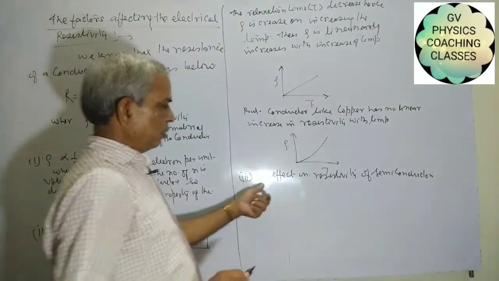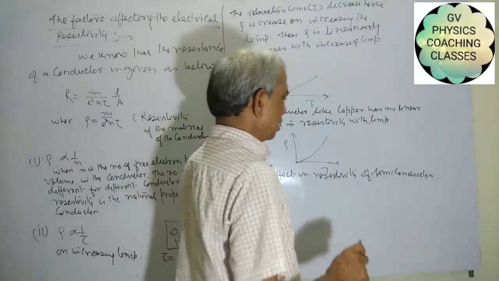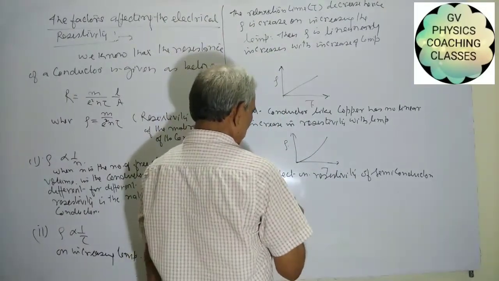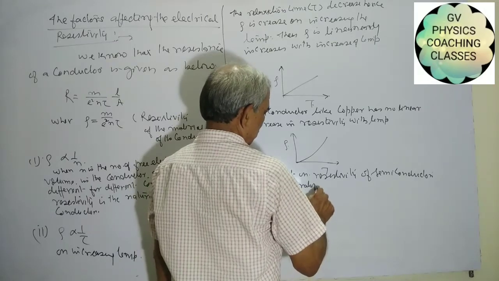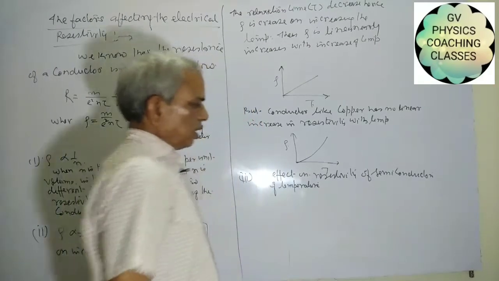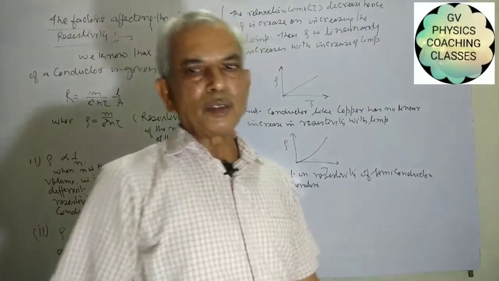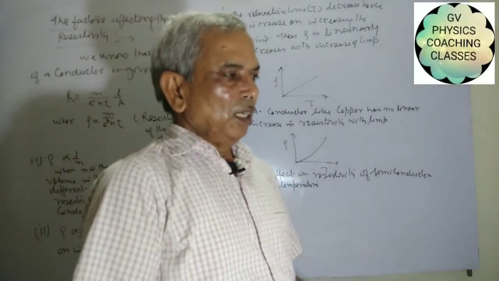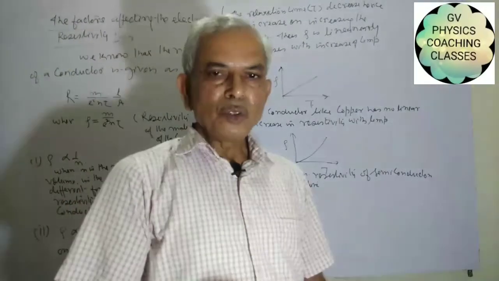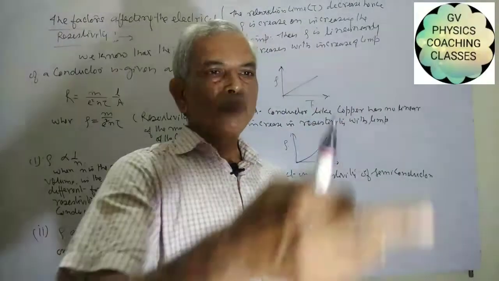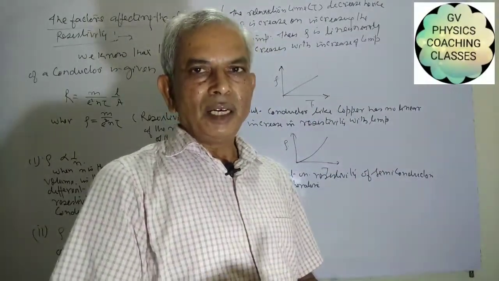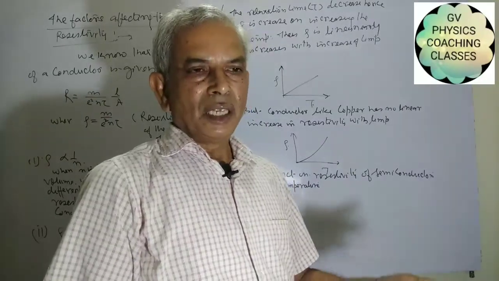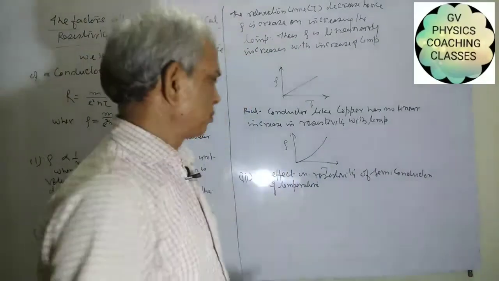The effect on resistivity of semiconductor of temperature: the resistivity decreases with the increase of the temperature, because the electrons moving in the outermost orbit or in the valence band jump to the conduction band and its conductivity increases, hence the resistivity decreases.